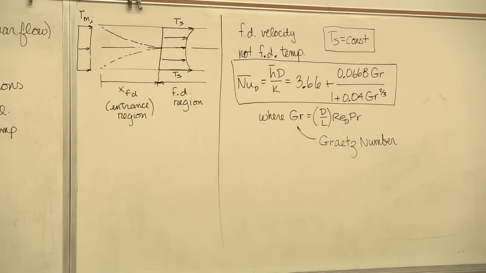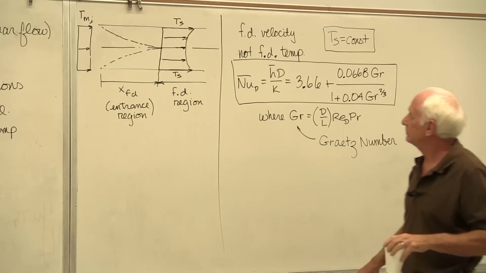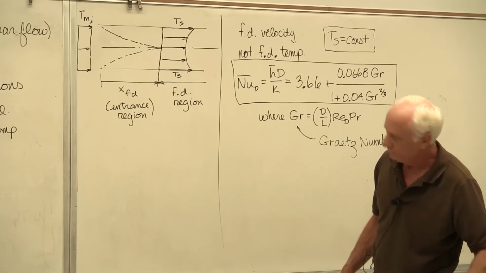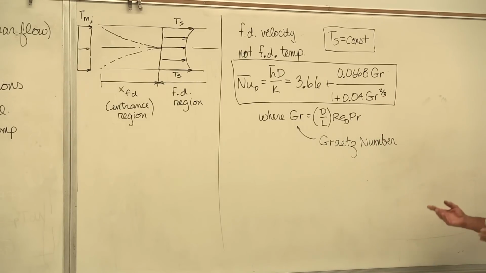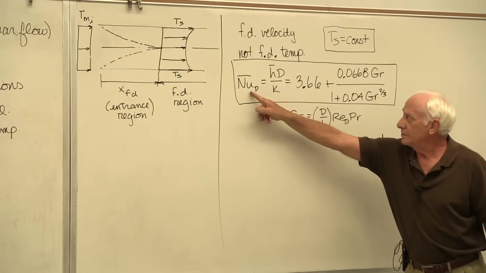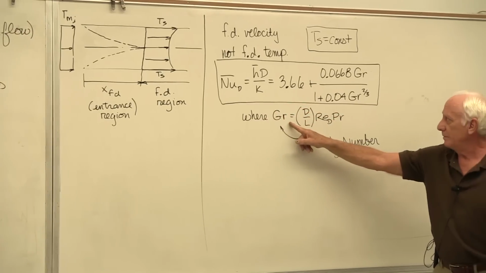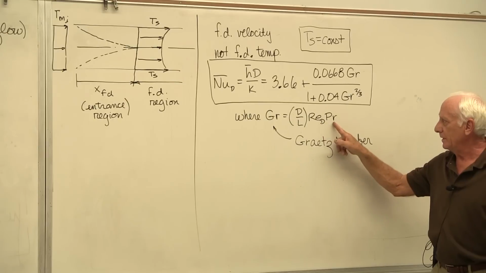There are a ton of dimensionless parameters in fluids and heat transfer. Right here, we've got four of them on the board: the Nusselt number, the Graetz number, the Reynolds number, the Prandtl number.